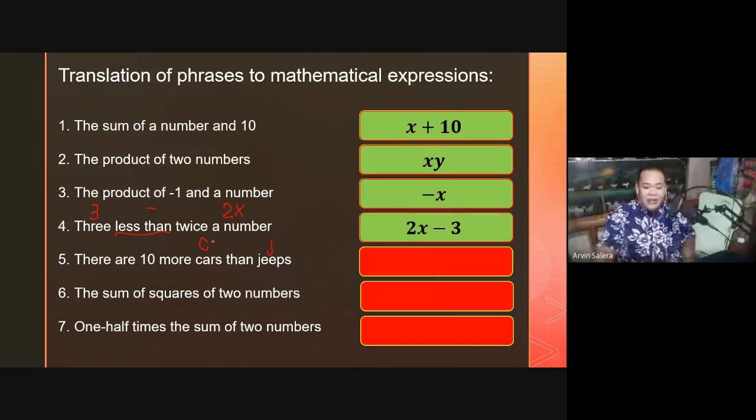So, kinsay matong dugangan og 10? Si car or si Jeep? Para magkapareha silang duha. Kung mas daghan man di ay si car kaysa kang Jeep, so si Jeep dapat ang dugangan natong 10. So, that is C equals J plus 10 para ma-equal silang duha. Diba? So, dapat dili lang siya mag-follow ka sa order of mathematics, but this is more on comprehension and analysis.